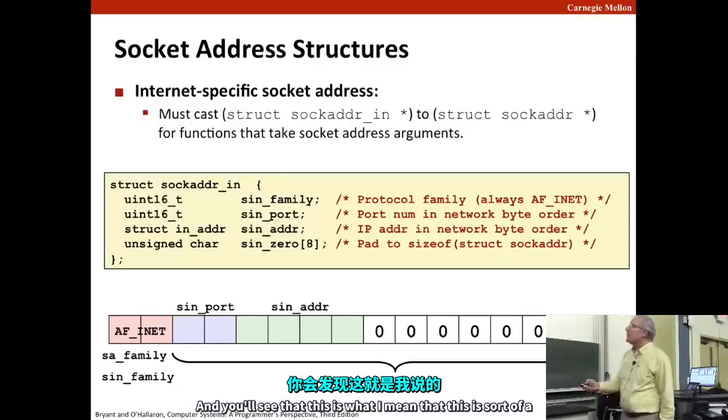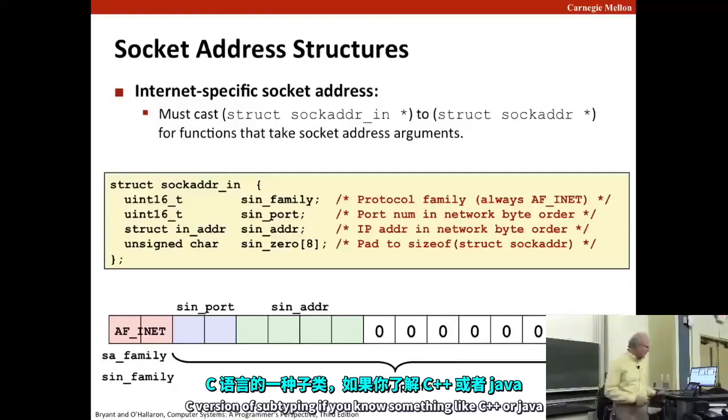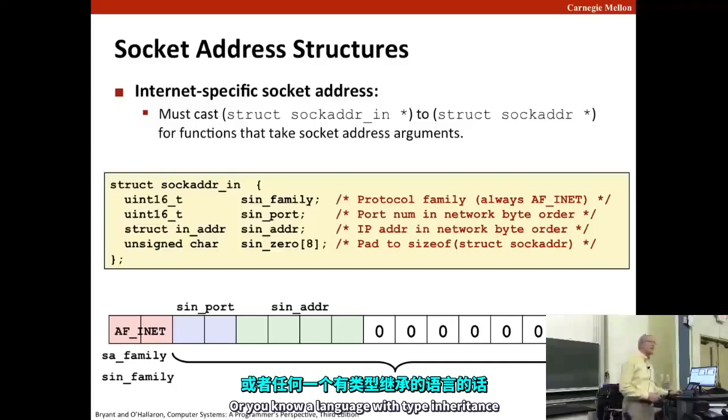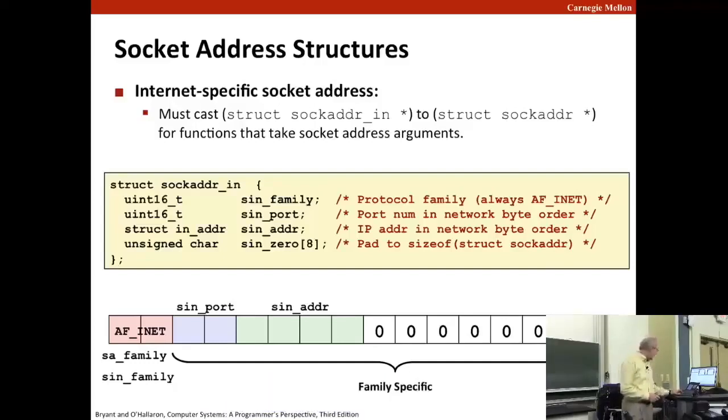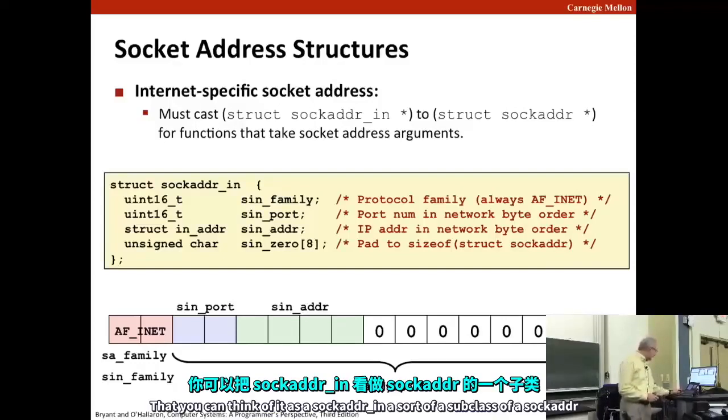And you'll see that this is C's version of subtyping, if you know something like C++ or Java, a language with type inheritance. You can think of a sockaddr_in as a subclass of a sockaddr.